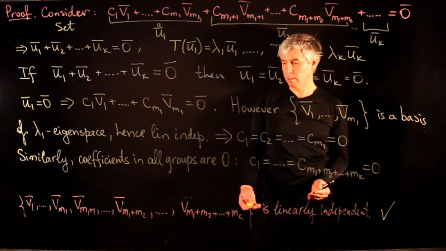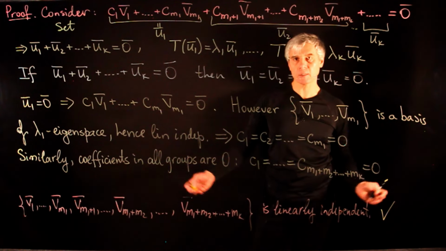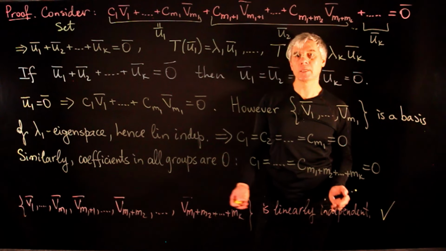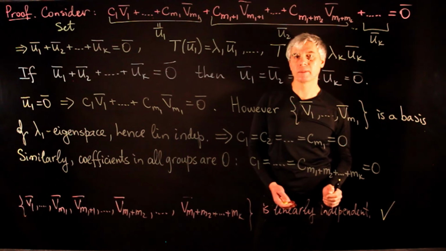So we proved that when we join the bases of eigenspaces, the resulting big set is going to be linearly independent.